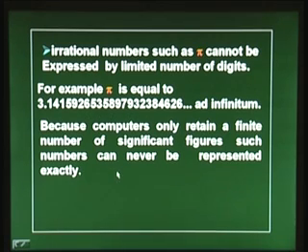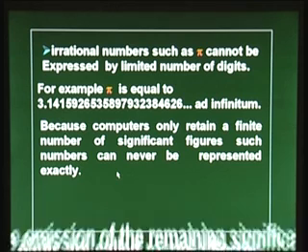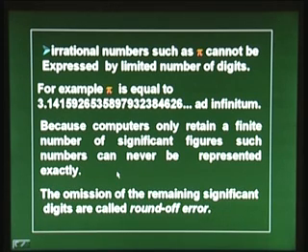So there will always be some error. Those errors are called round-off errors. We'll have to round it off somewhere. There is nothing called an irrational number on the computer. It's always a rational number, because we're always going to chop off somewhere.